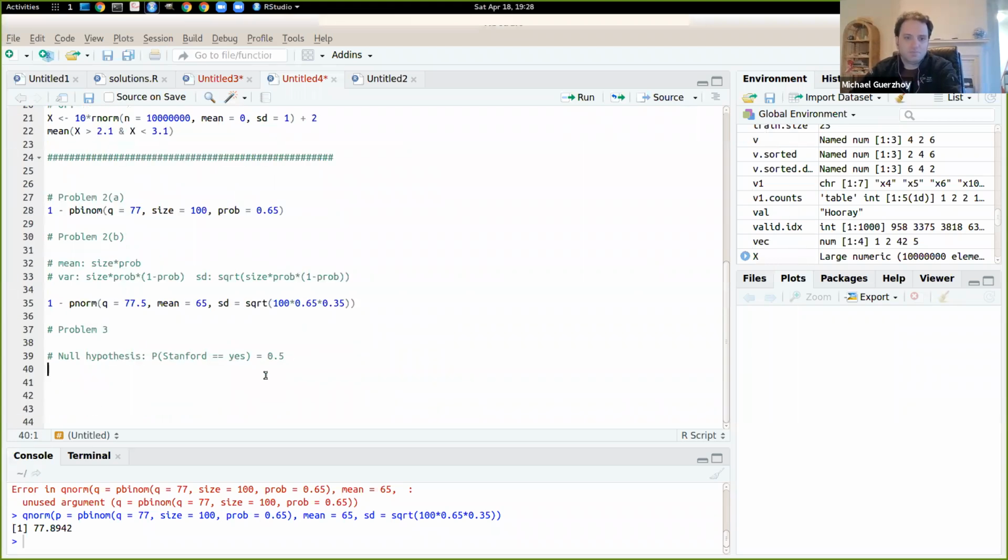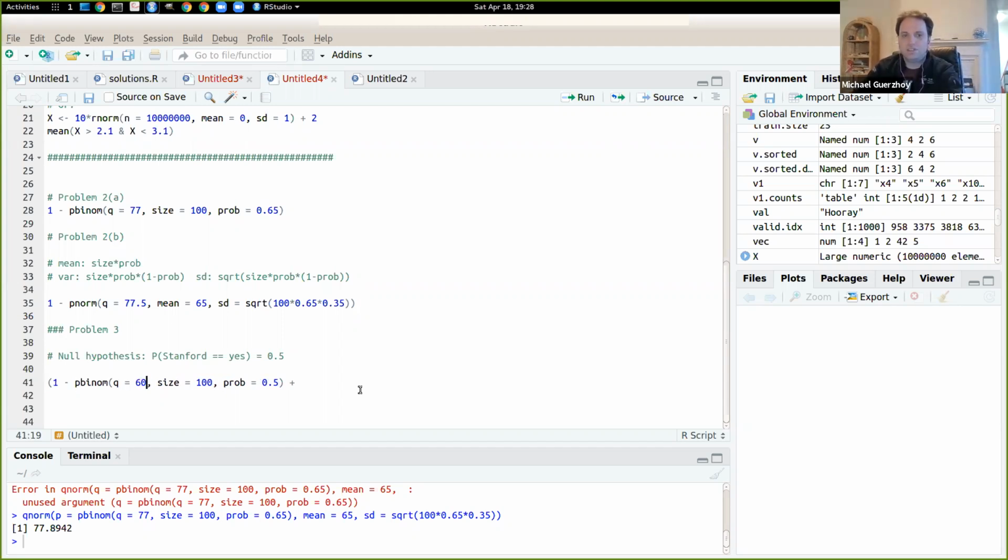So you can do it with p-binom. We'll say p-binom, more than 60. So this is again size 100, prob 0.5. And here it's 1 minus, of course, and we want to exclude 59 or more.